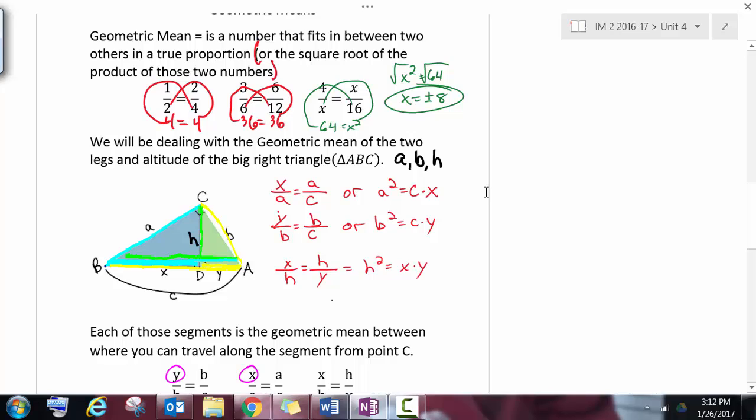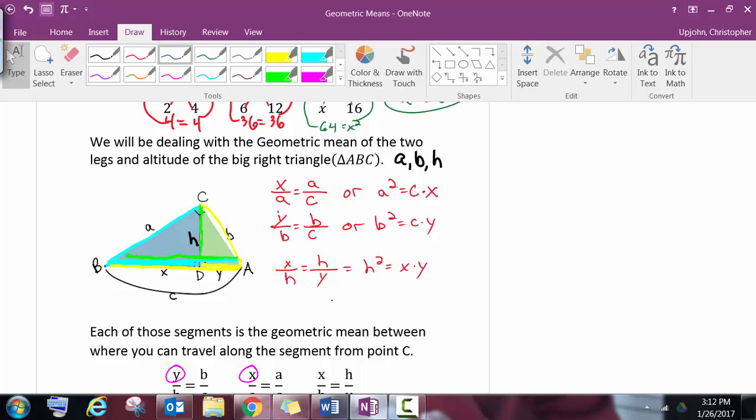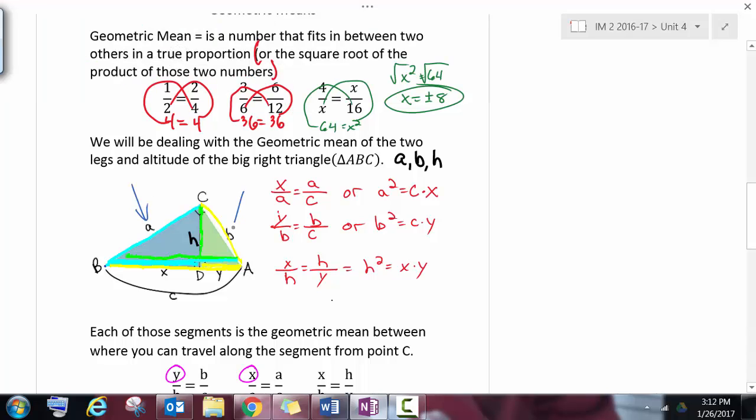So what we're going to be dealing with is the geometric mean of two legs and the altitude of the big triangle. So we're always just going to be setting up formulas for A, B, and H. There's two ways to think about it.